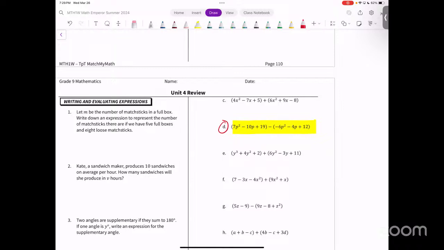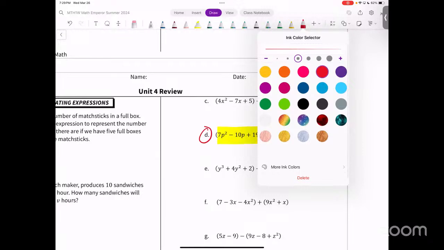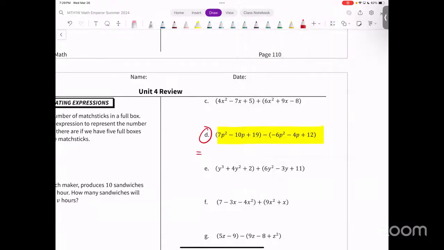All right. So can I see your work, man? We did it in here. All right. So collecting like terms: 7p squared minus 10p plus 19. When you have a negative sign, we need to make sure we change the sign inside the bracket of each term. It's the opposite.